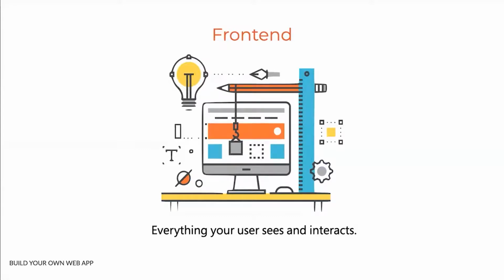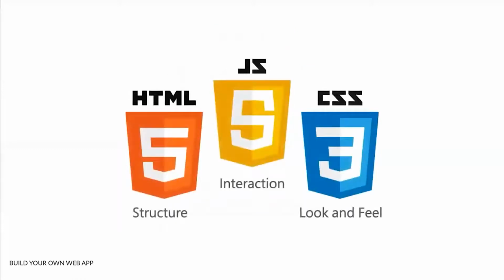The user interface. And all front end, all websites or web applications, are built up from three main components. No matter what programming language you choose to use, they are built from three things, which are HTML, JavaScript, and CSS. HTML stands for Hypertext Markup Language, where it defines the foundations or structures of the website or web applications.